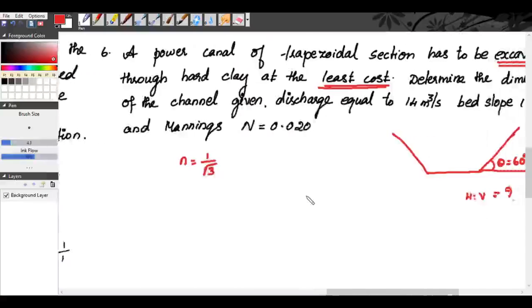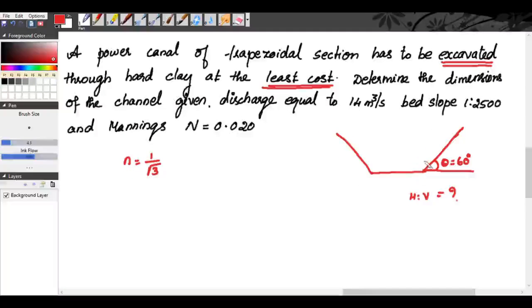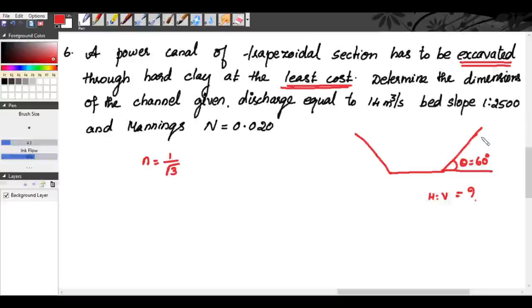Now here, for this problem, we do not know what is B and what is D. This may be equal or this may not be equal. But theta is equal to 60 degree. So when you use the condition for most economical trapezoidal section, that is B plus 2ND by 2 is equal to D into root of n square plus 1, and when you substitute the value for wetted perimeter, you will get the condition n is equal to 1 by root 3.